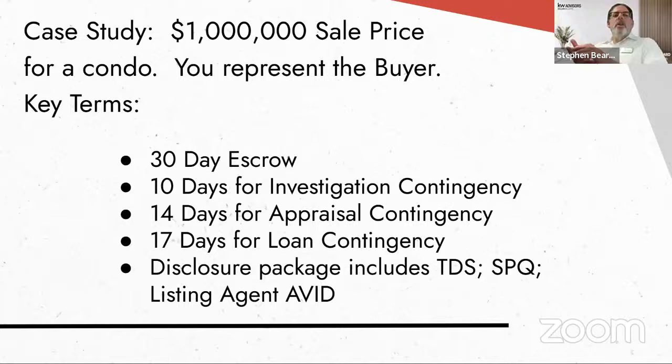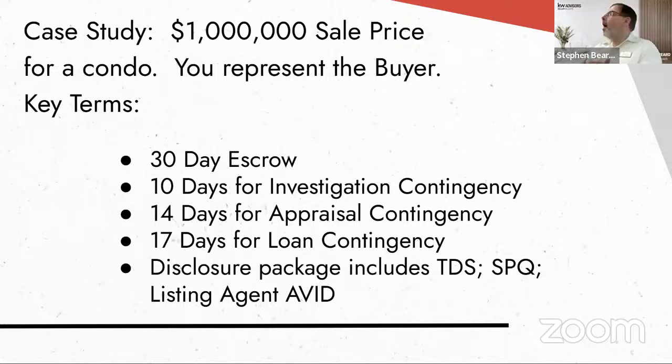Right? 10 days for investigation contingency, 14 days for appraisal contingency, 17 days for the loan contingency. And we have a disclosure package, yay, from the seller that includes the TDS, SPQ, and listing agent AVID. TDS stands for Transfer Disclosure Statement. SPQ stands for Seller Property Questionnaire, both of which are required for most transactions.